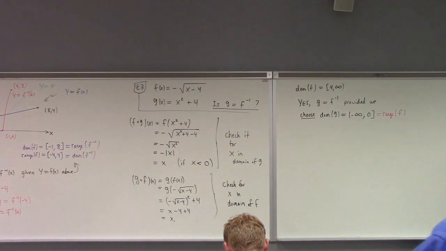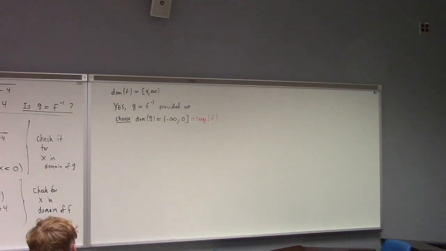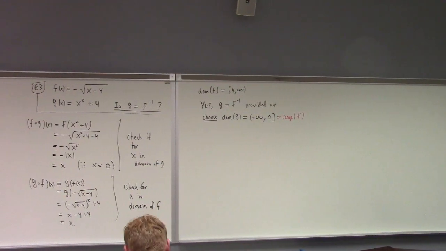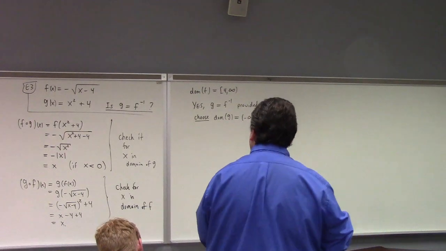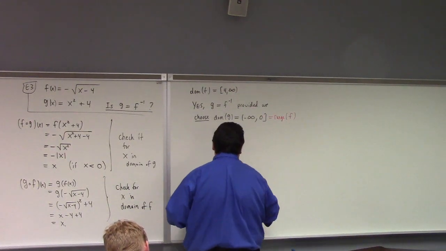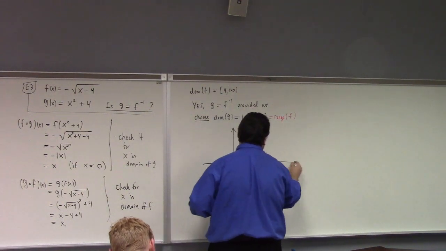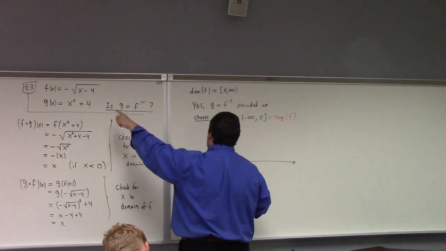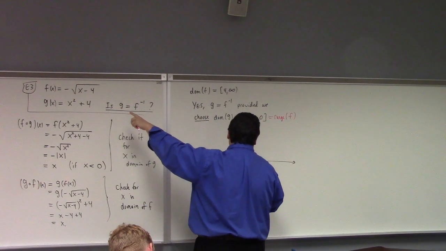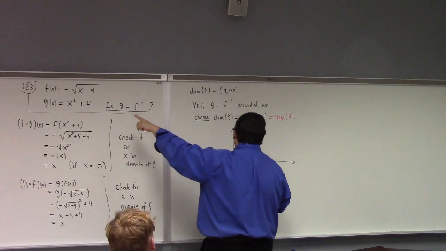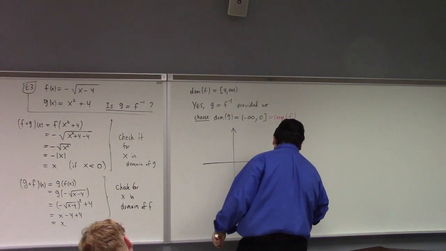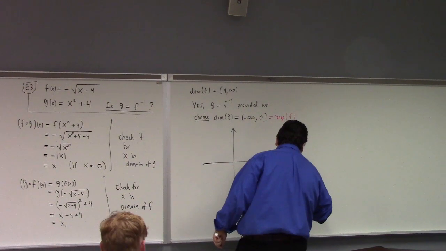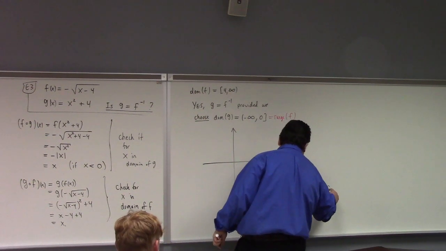Let's graph this. Let's understand what's going on here, graphically speaking. So what's the graph of f of x? The graph of f of x starts at 4 and goes down, so it's like this. Right, this is f of x.